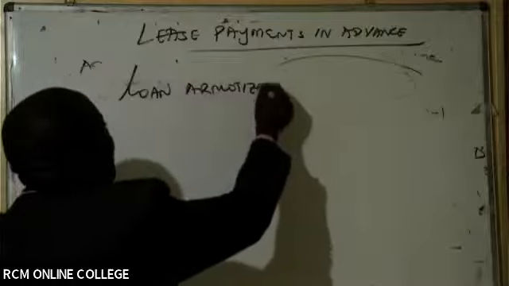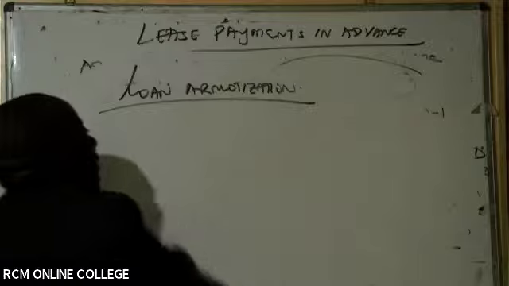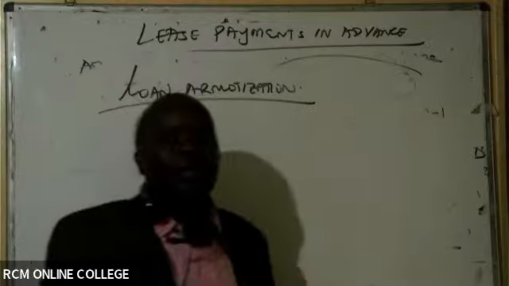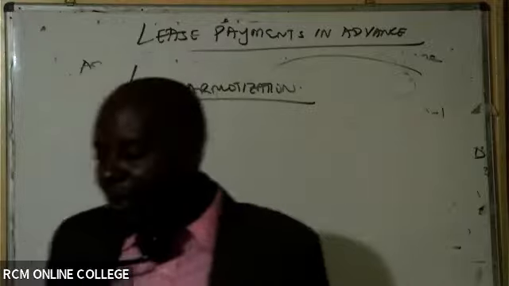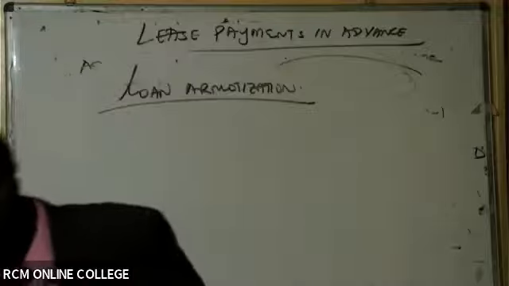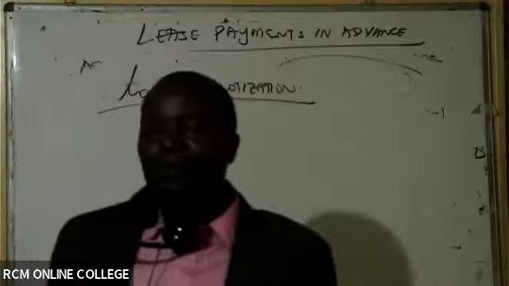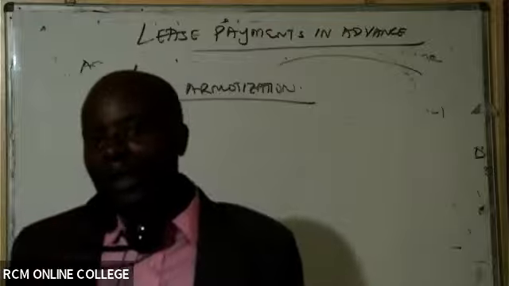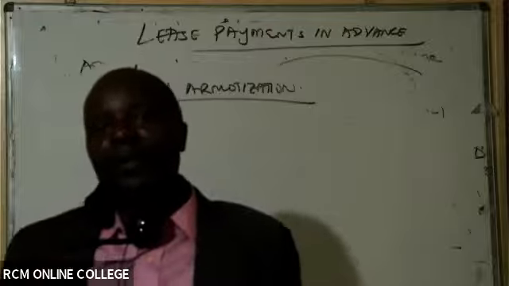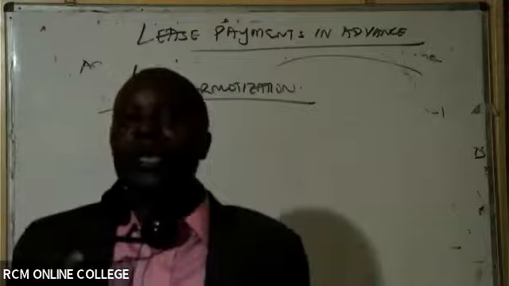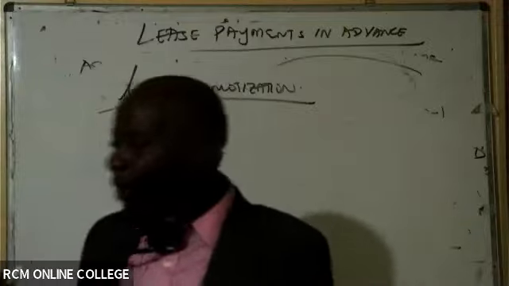Now, this is where so many students, 99.9%, will get zero, because the loan amortization schedule for advance payments is totally different from the loan amortization schedule for payments in arrears. So this is what we shall do.